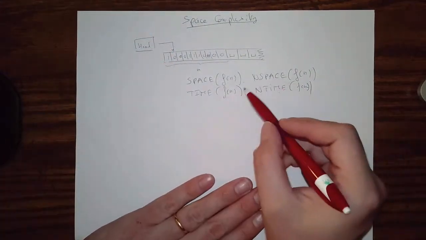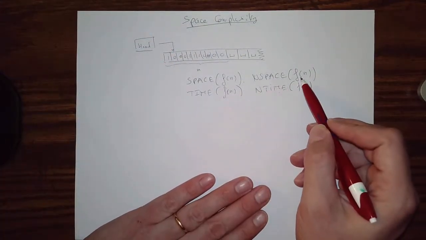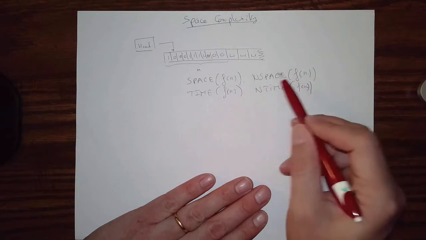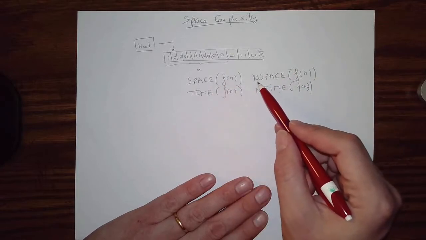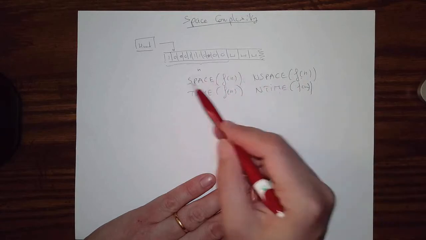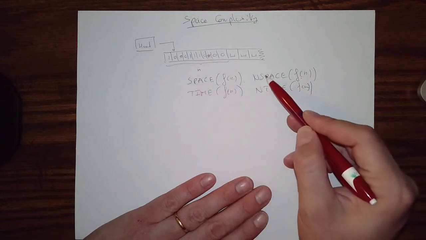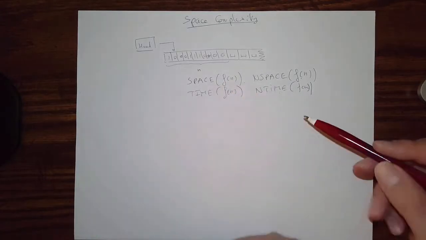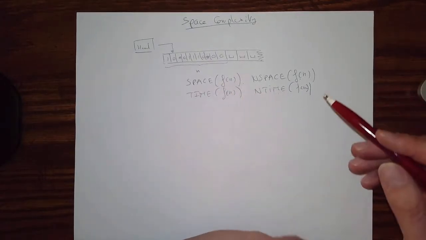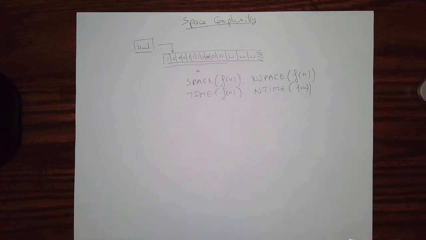Of course, NSPACE cannot be smaller than SPACE, because it includes at least the deterministic one, right? The non-deterministic will be at least as large. Another question is whether it is strictly larger or equal. We'll see that later on.